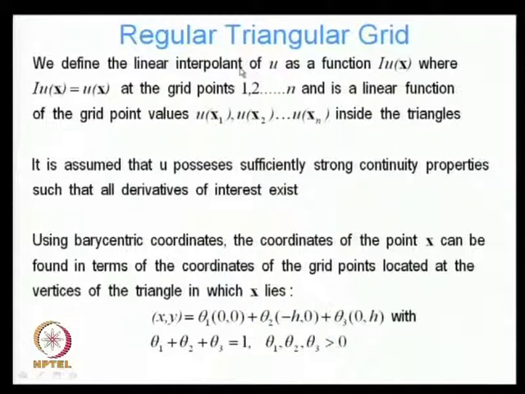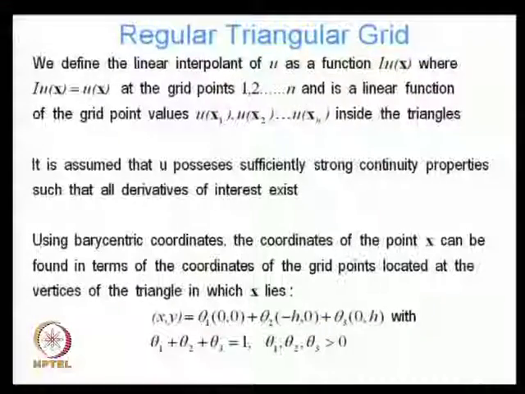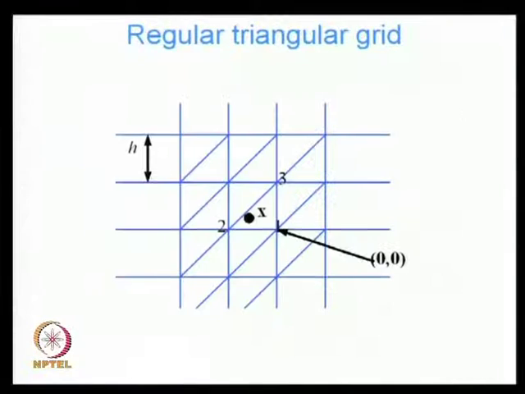So, we define the linear interpolant of u as a function I u of x, where I u of x is equal to u of x at the grid points 1, 2, 3 to n, and is a linear function of the grid point values u x 1, u x 2, u x n inside the triangles. In order to get an expression for the Laplacian, first I have to define an interpolant, which tells me the value of u at x if I know the values of u at the grid point locations 1, 2 and 3.